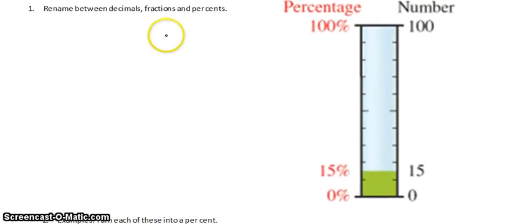Now, you've probably seen this kind of thing before, the double number line, where we have percentage on one side and the number on the other. This is helpful when we're finding calculations using percentage to understand that 15% of the number 100 is 15.